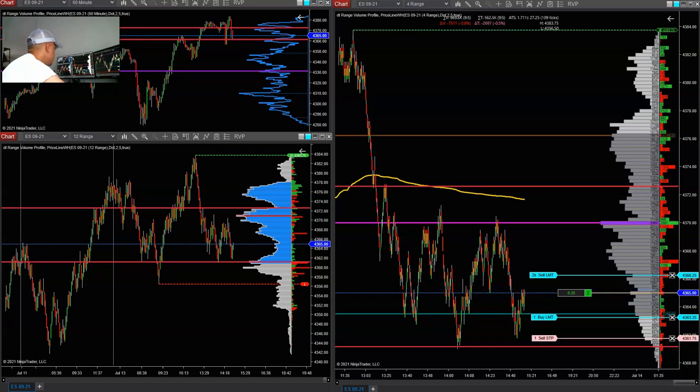So we'll see what happens. Hopefully this trade actually works out for me. It's not too risky, but I should have waited just a little longer.